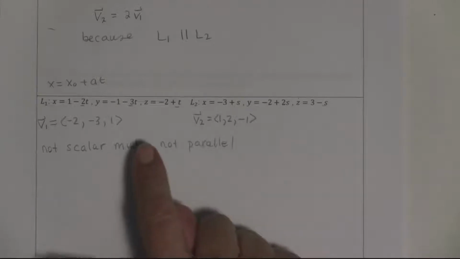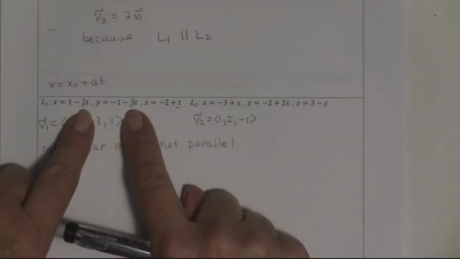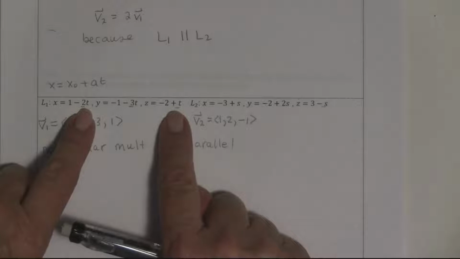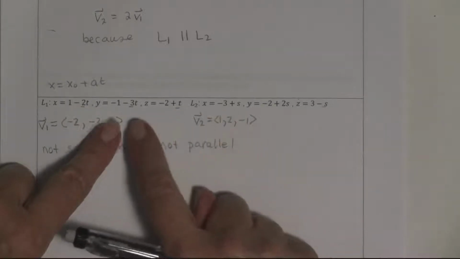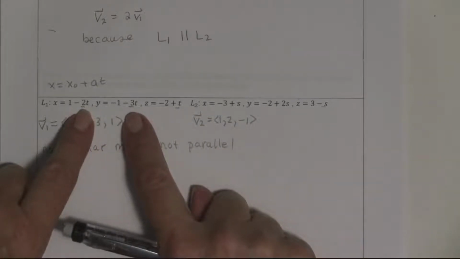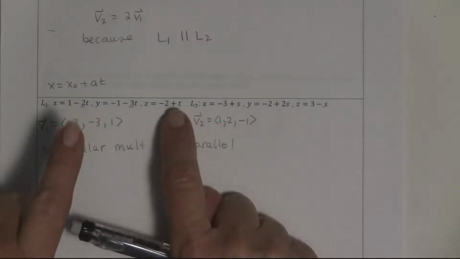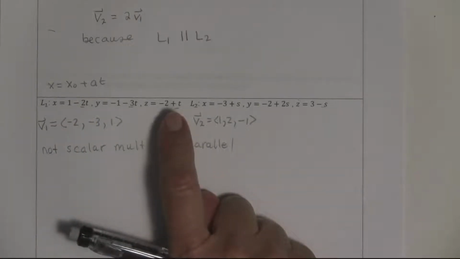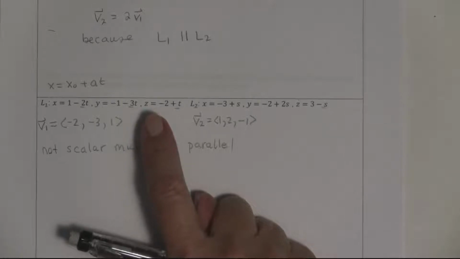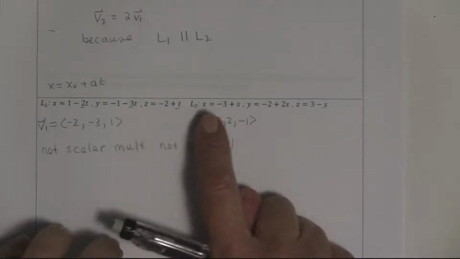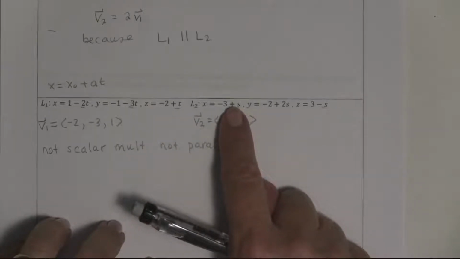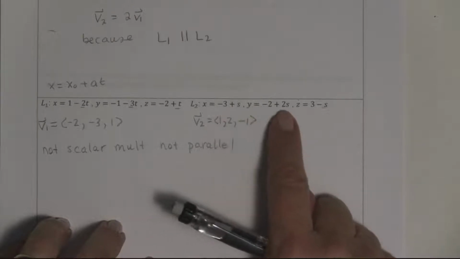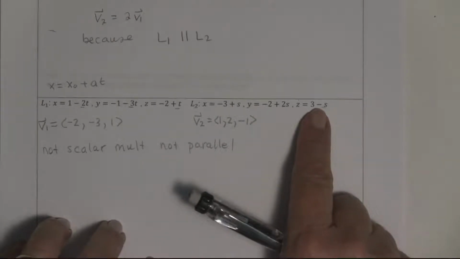But I want to check, are any of these opposites of one another? And you can see that none of the coefficients for t are opposites of one another. If they are, then you want to choose those two components, and you can see that the x component and the z component have the s's opposite one another.